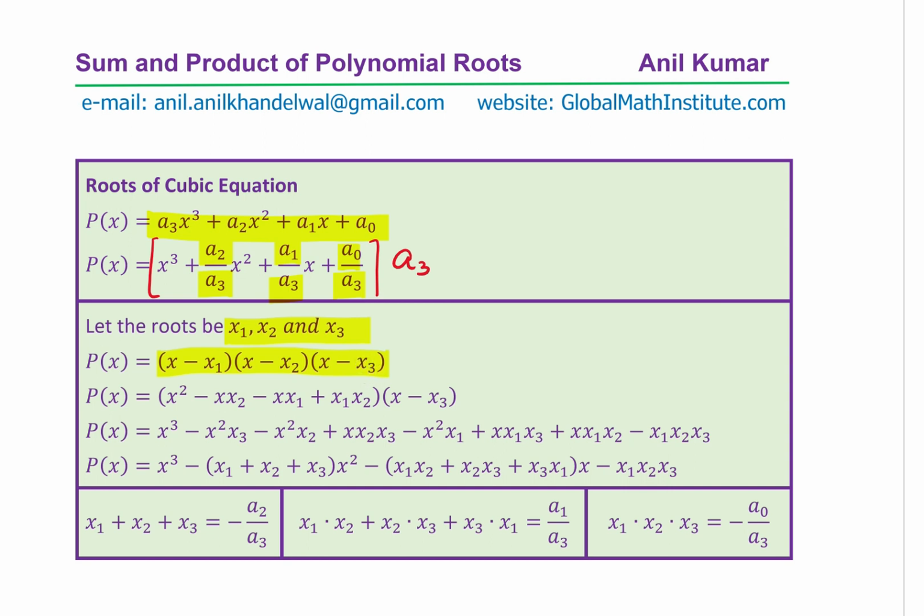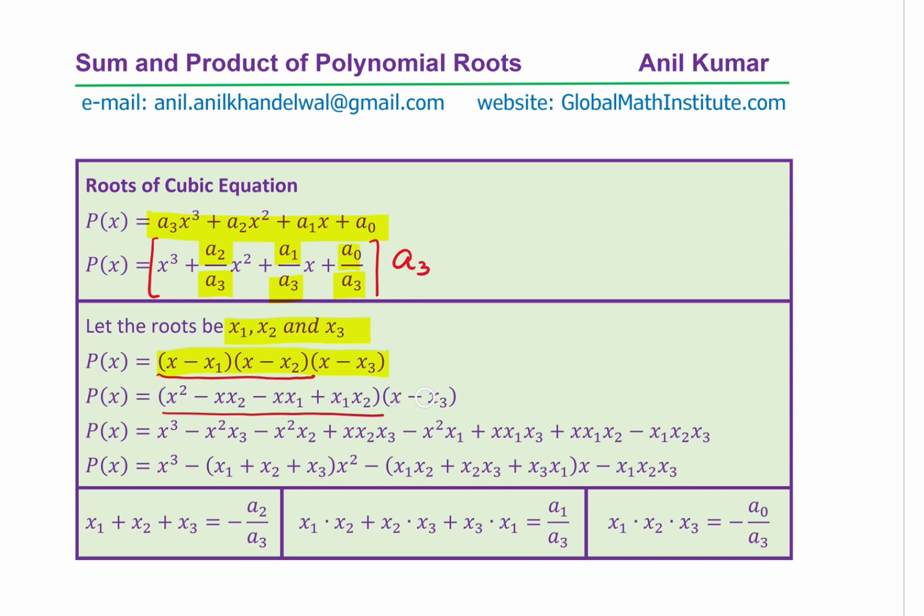Now let's multiply them. So we earlier did this product, x minus x1 times x minus x2, and we got that relation, correct? Applying the distributive property. Now we are going to apply the distributive property between the other terms. So you expand the first two terms and then multiply with the third factor, as we are going to do now.